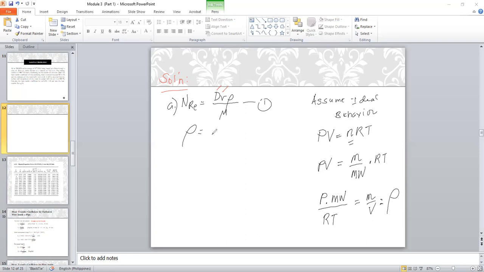This would be now equal to, so I'll place here, the pressure that is given in the problem for air, which is 206.8 kilopascal, or we can convert this right away, 1 kilopascal equal to 1000 pascal. Then we have the molecular weight of air.